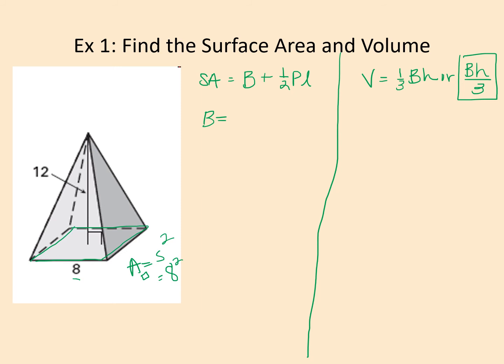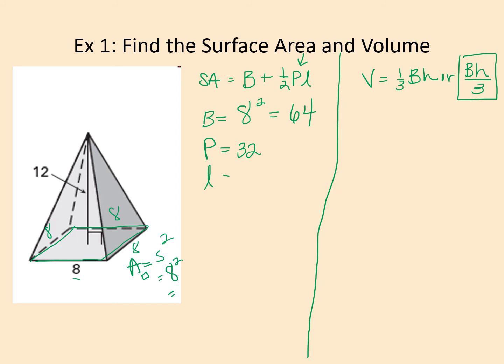So I'm going to take 8 squared to get that big B, and 8 squared gives you 64. The next thing we want to talk about is P, the perimeter. The perimeter is all the way around my shape. If all of the sides are the same, I'm going to take 8 times 4, which is 32.